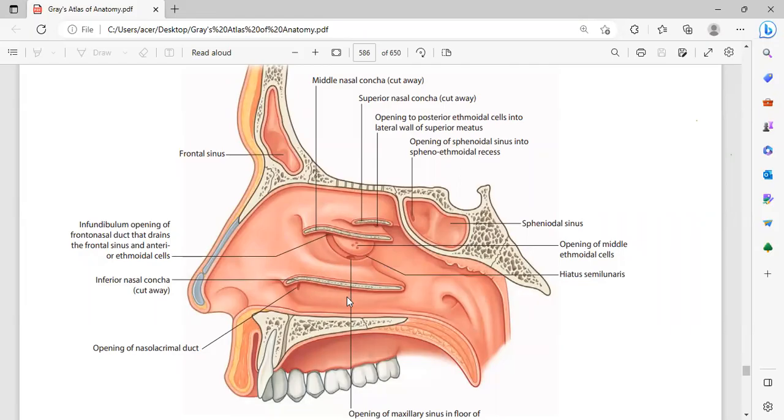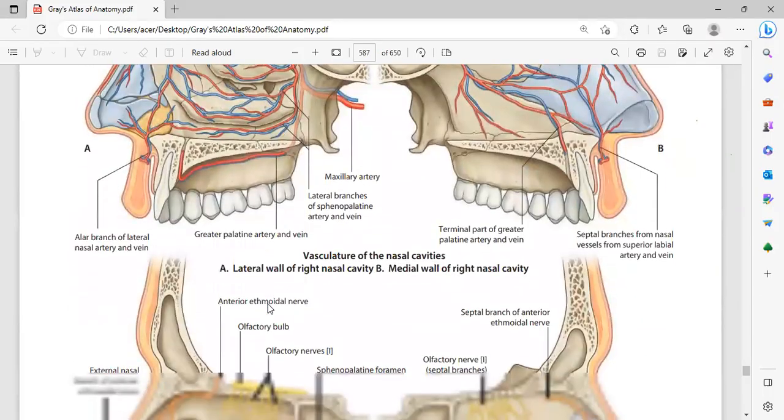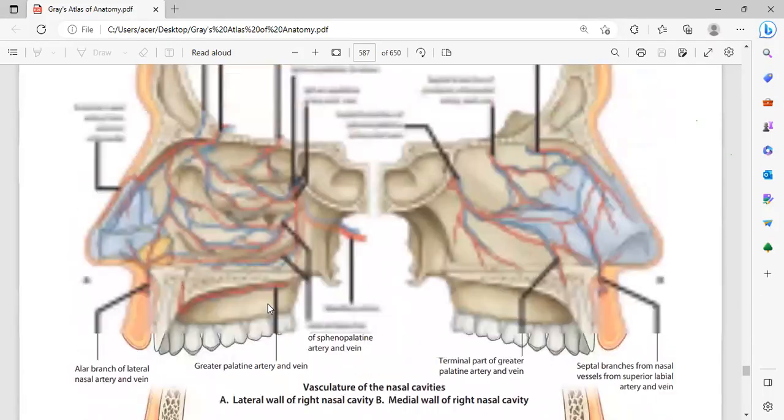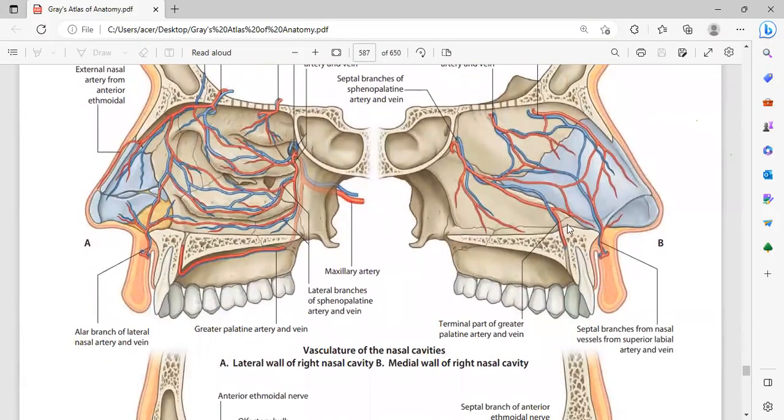Now coming to the blood supply. There is a plexus in the nose called Kesselbach's plexus, right? Okay, so Kesselbach's plexus is here.